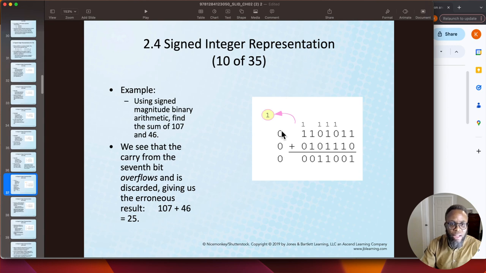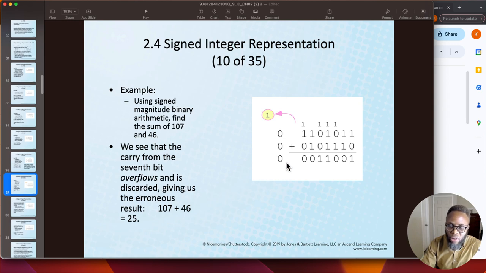All right, this is a good example. We see the carry, which has been carried over. The carry from the 7th bit overflows and is discarded, giving us an error.